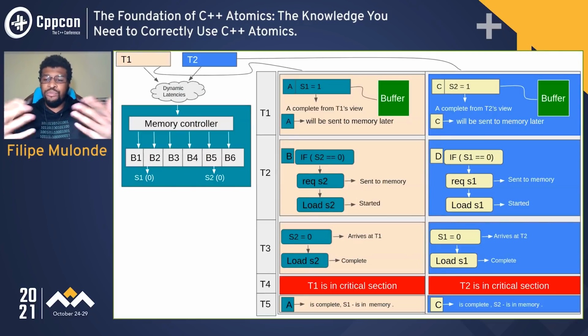We saw in the previous slides that two threads can be at the critical section at the same time because instead of writing to the main memory directly, these threads were writing to a buffer. This outcome may be surprising to some of us, but this outcome is expected from almost all modern computer architectures. With that, we can conclude that this buffer influenced the memory model of almost all modern computer architectures.